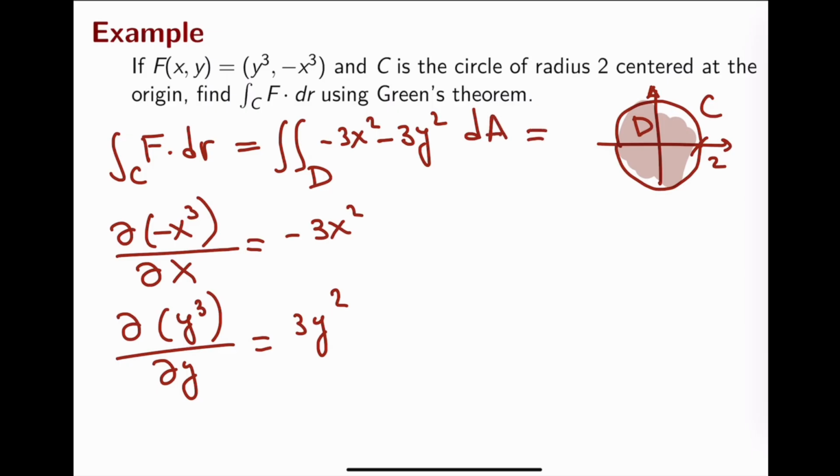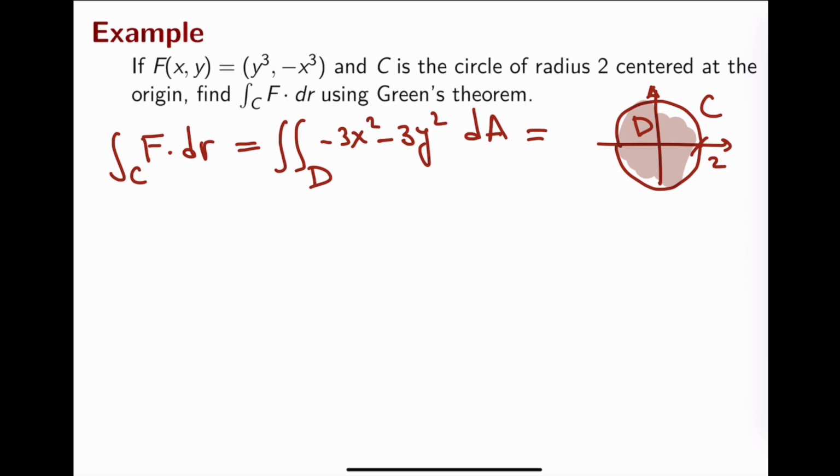Okay, so now we have to set ourselves to calculate this integral. So remember the method that we had to calculate double integrals. In this case, considering the domain is a circle, we like to do here a change to polar coordinates. Remember that for polar coordinates, we need to change x equal to r cosine of theta, y equal to r sine of theta, and we need to multiply the differential by r.